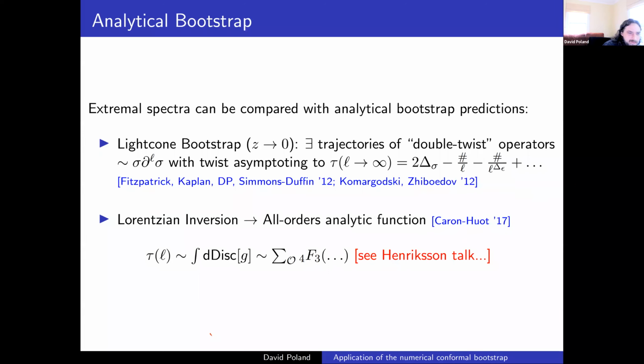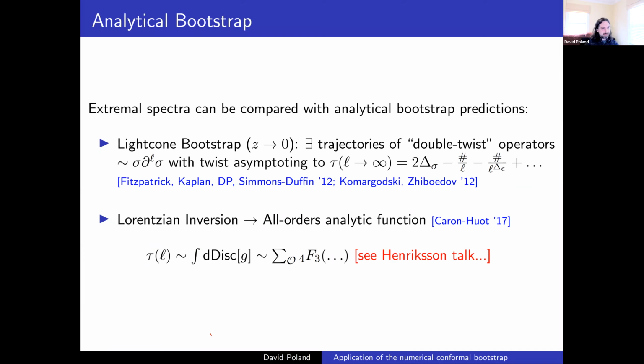The more recent approach is this thing called the Lorentzian inversion formula, where you can compute the trajectory of operators as an analytic function of spin in terms of a certain integral of a double discontinuity of the 4-point function, and you can approximate that double discontinuity using some set of known contributions.